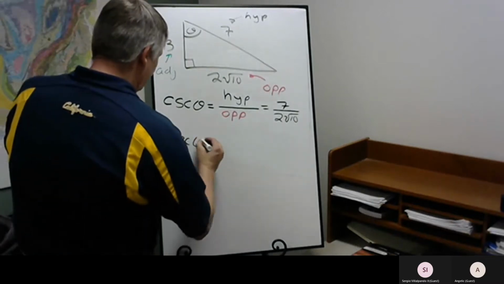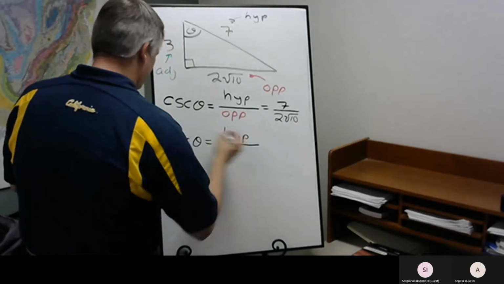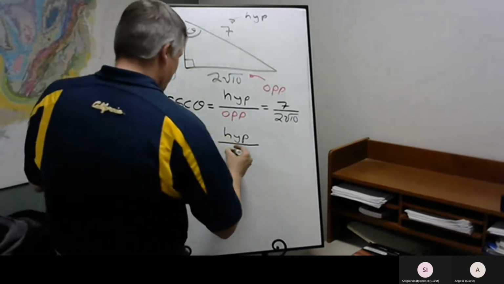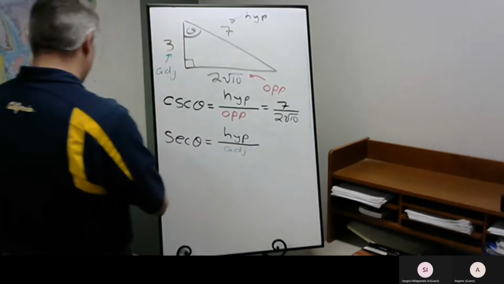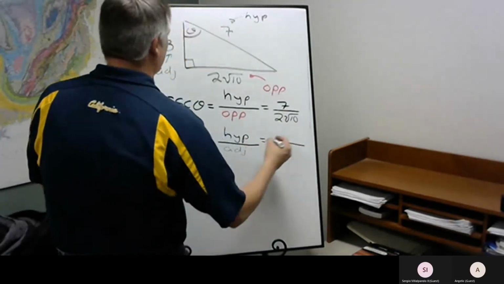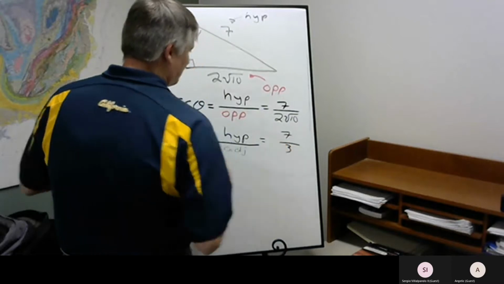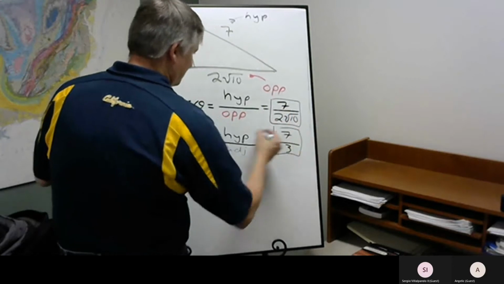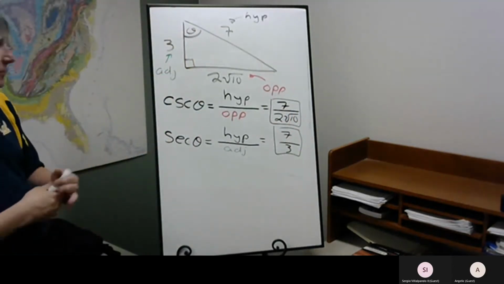So secant theta, that's hypotenuse over adjacent. And so that's going to be 7 over 3. Finally, cotangent.